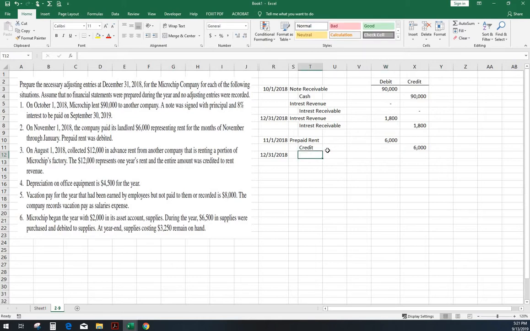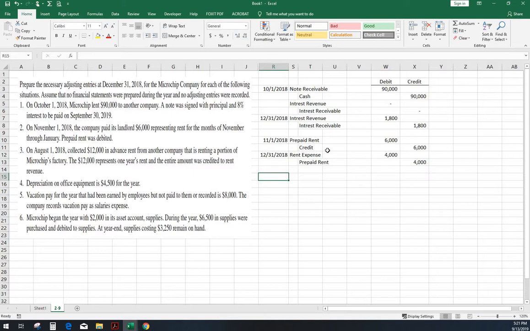That's our rent expense, $4,000, and credit prepaid rent $4,000. So we got a 2,000 balance.